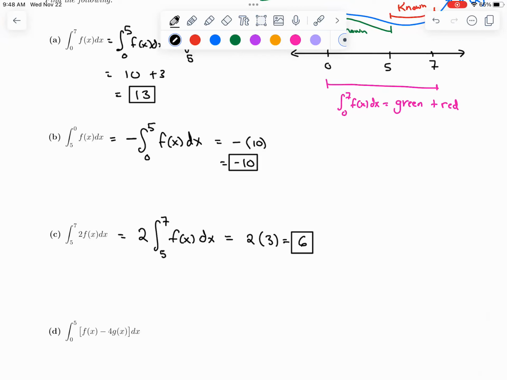Last but not least, remember, you can also split apart summations and differences. So we can split this apart and take care of the constants. This is the integral from 0 to 5 of f of x dx minus 4 times the integral from 0 to 5 of g of x dx.